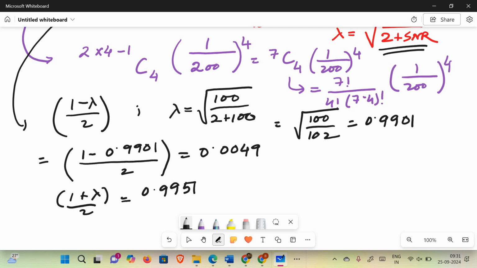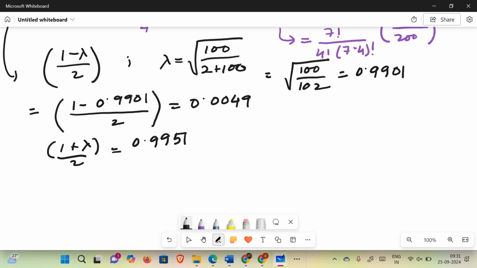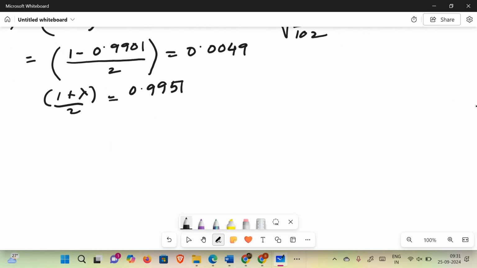Okay. So in this equation, now we substitute. So let us do that. After substitution, we'll get something like this. BER exact, we take the exact equation. So exact is nothing but, what will it be?